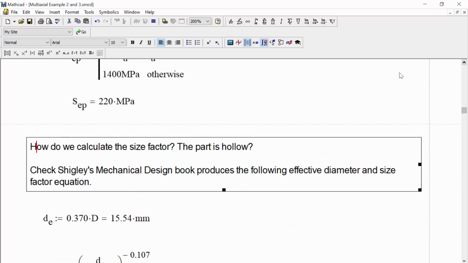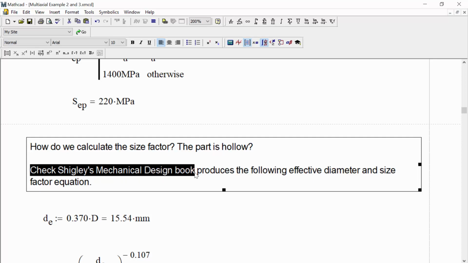Let's start with trying to find the size factor. And in our case, our part is hollow. And so there's some questions about, with a hollow part, how we would find the Marin factor for size. What we'll do is we'll check Shigley's mechanical design book, which has a lot of the fatigue design equations.